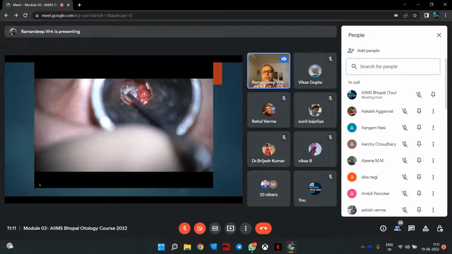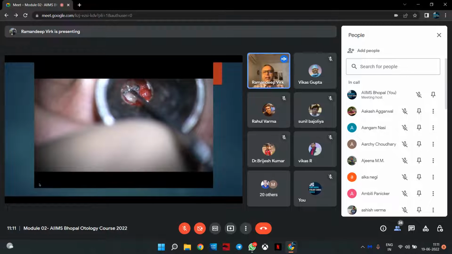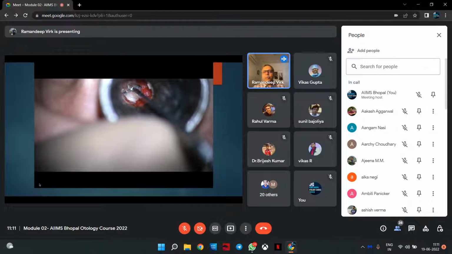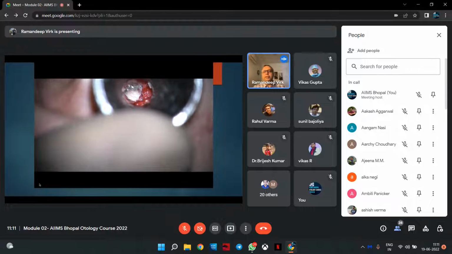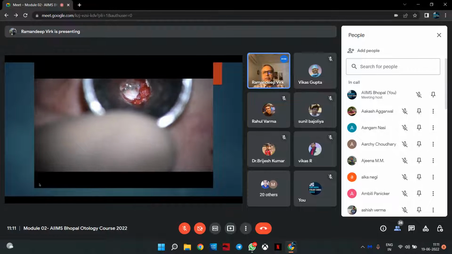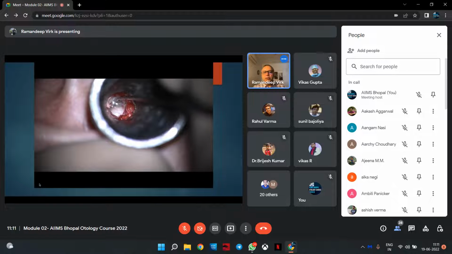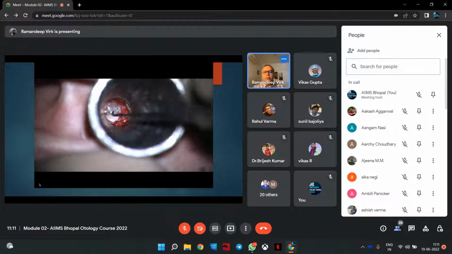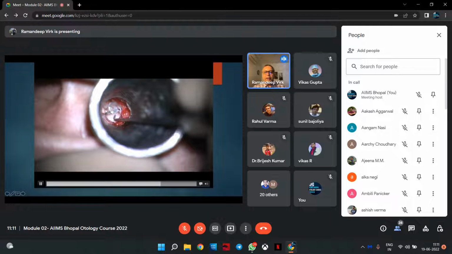So first insert it into the opening and then gently rock it from the ball joint and engage over the malleus. And this is the ball joint. You can adjust its length by moving it up or down. So see how it forms a 90-degree angle here.